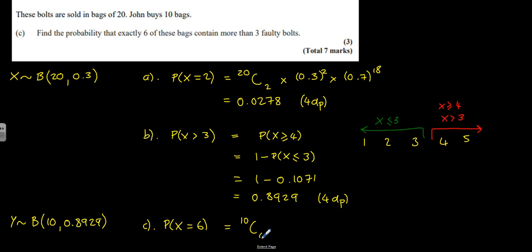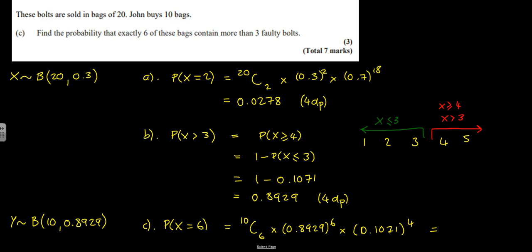We've got 10c6 multiplied by 0.8929 to the power of 6 multiplied by 1 minus that, which is 0.1071. And that's going to be to the power of 4, and then we'll get our answer.